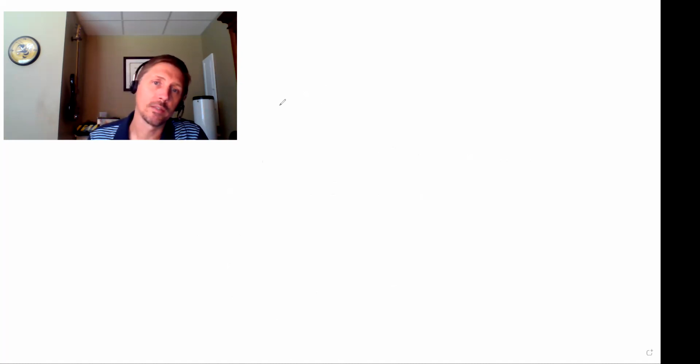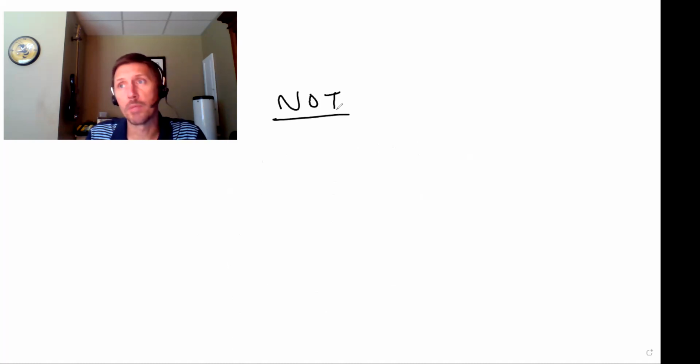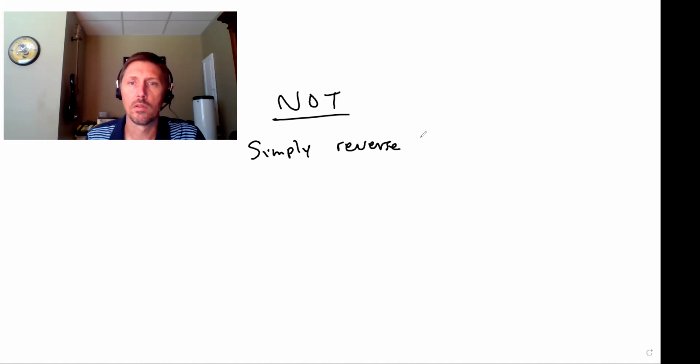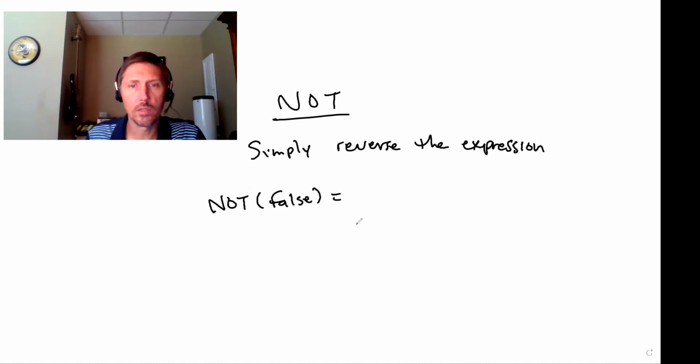What about NOT? NOT, again, like we think about it in English, when we talk about not something, we just mean the opposite of that thing, right? So with a NOT, you simply reverse the expression. As an example here, if you NOT a false, then what is the reverse of a false?